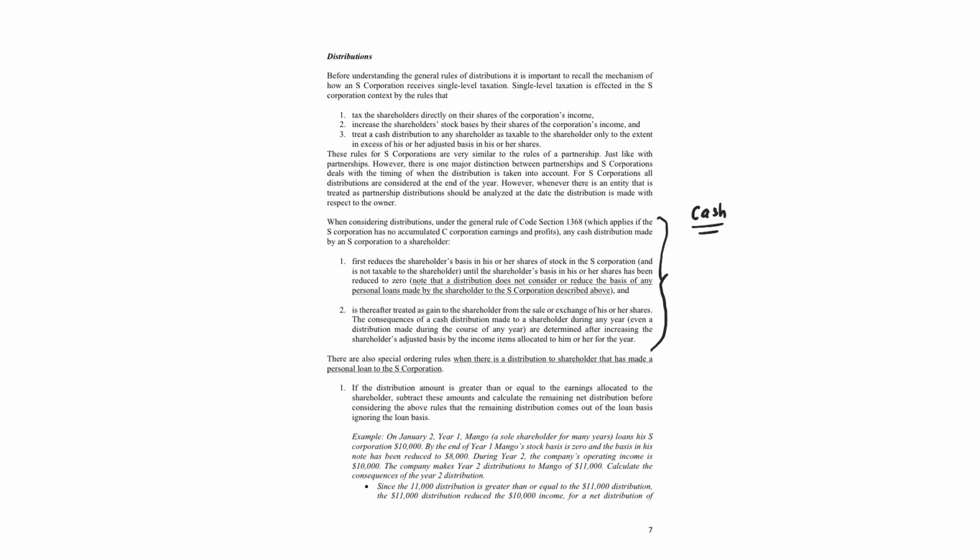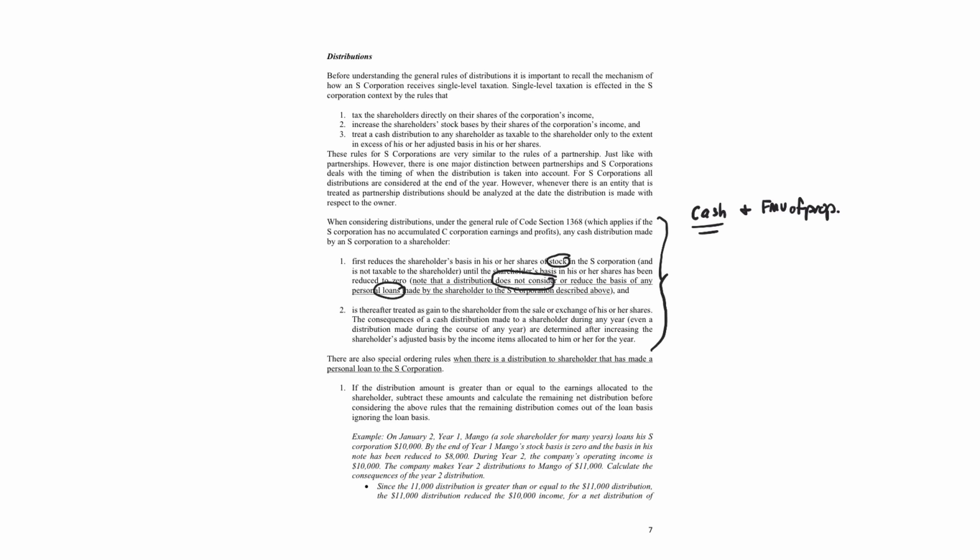But for S corporations, it also includes the fair market value of property, which is not the case for partnerships. Another difference between partnerships and S corporations. The rule is we first reduce the shareholder's basis in stock and we ignore the loan. So when it comes to distributions, we do not consider the adjusted basis of the loan.